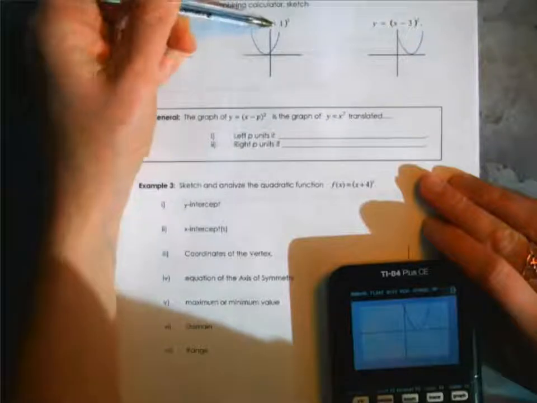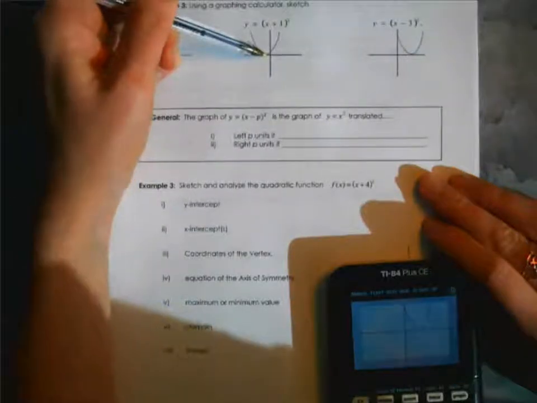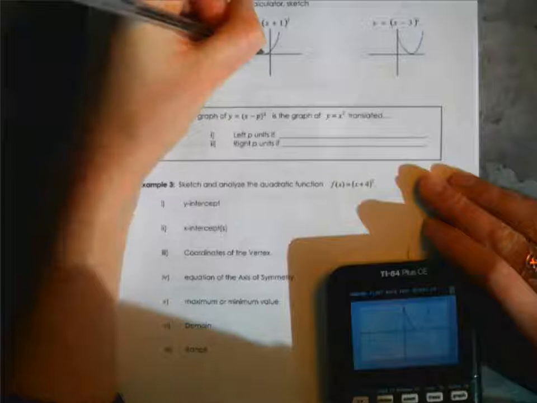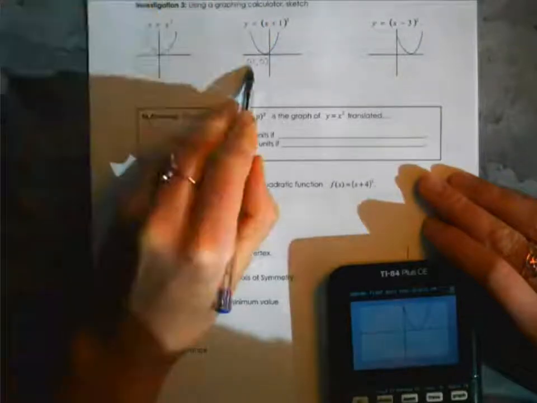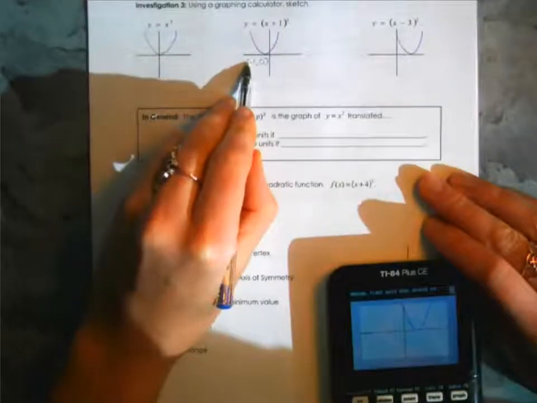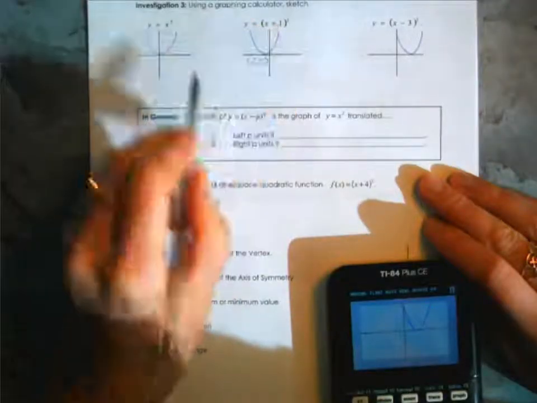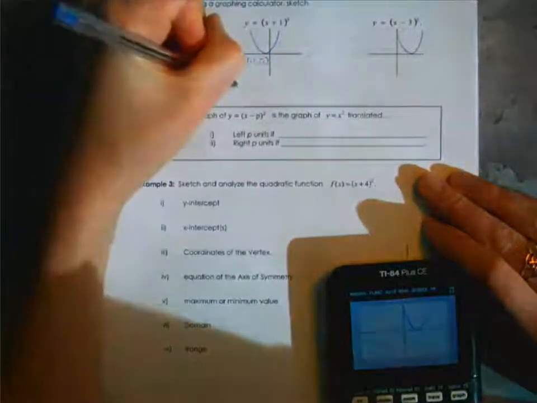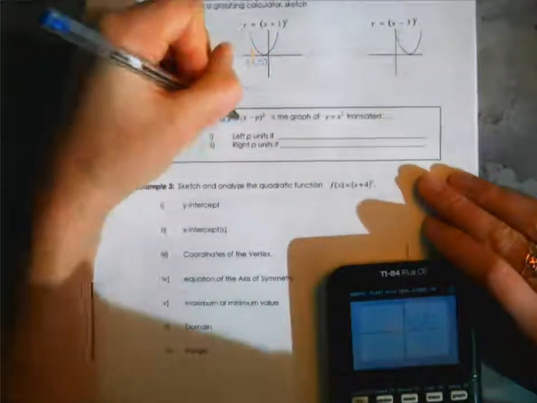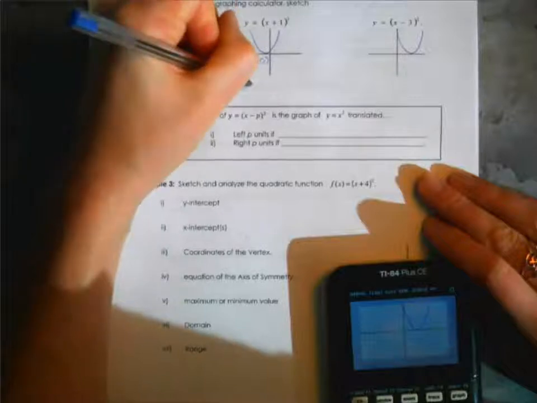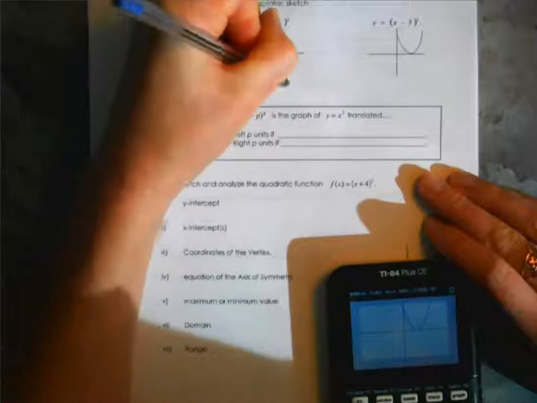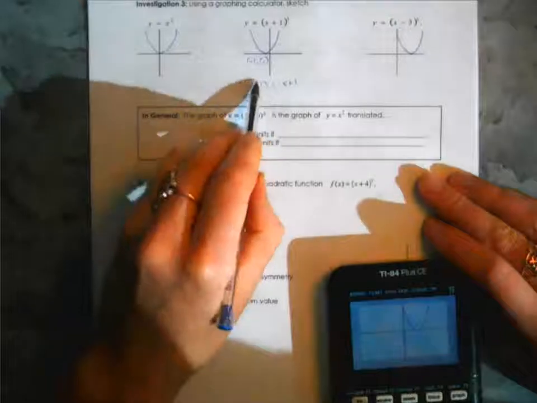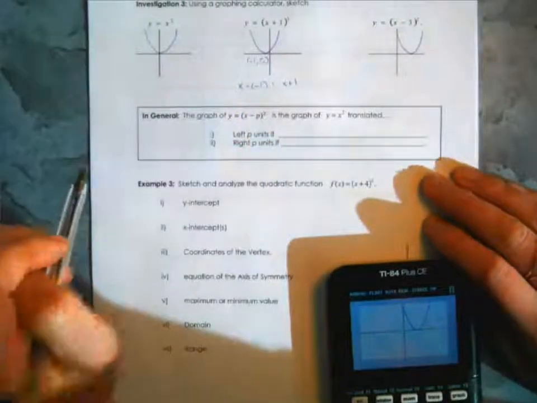If you think about what we talked about here, on the x-axis our x value is -1. Why do we end up with +1? Well, if the formula is x minus whatever value, which in this case was -1, x minus -1 is equal to x plus 1. And so that's why we see this in our formula, even though we're using -1 on the graph.